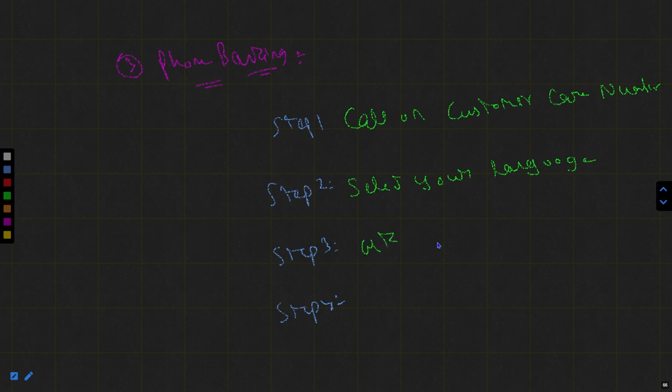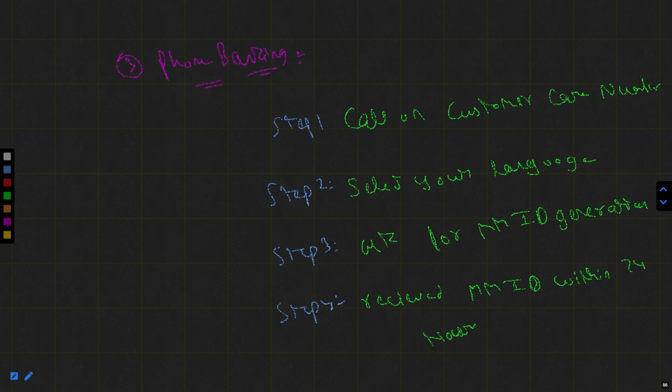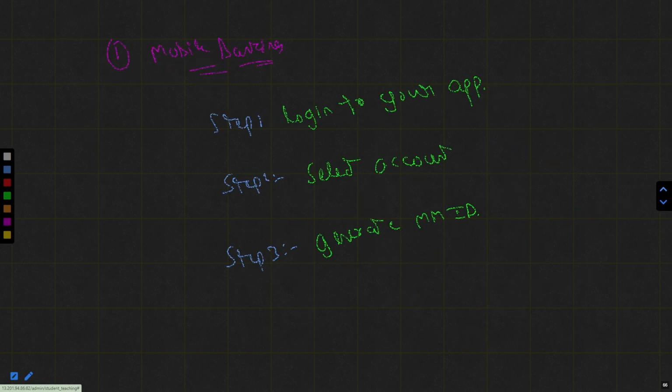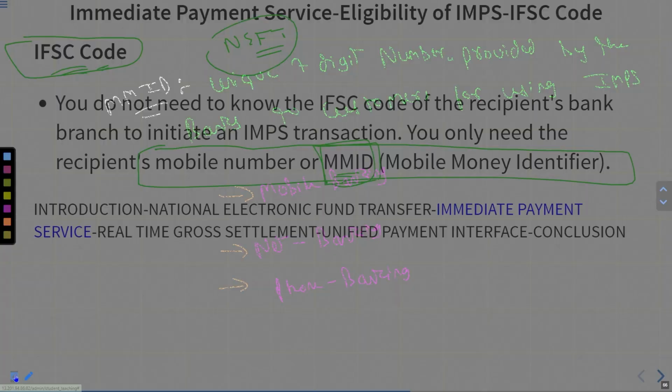Third is ask for MMID generation. And the fourth is receive the MMID within 24 hours. Okay, so these are the steps: call the customer care number, select your language, ask for MMID generation, receive MMID within 24 hours. Got it? So that's how the MMID system works.